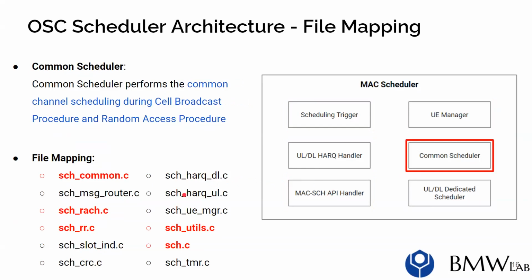It does the retransmission for message three and the time domain scheduling, only for message three. But in your dedicated channel scheduling, I think you also need to use round robin.